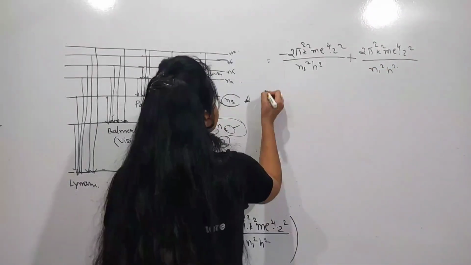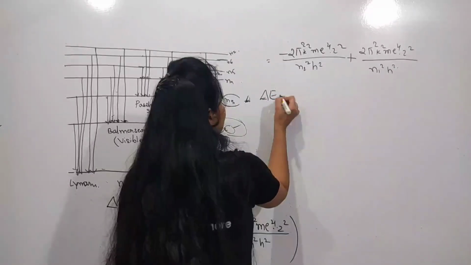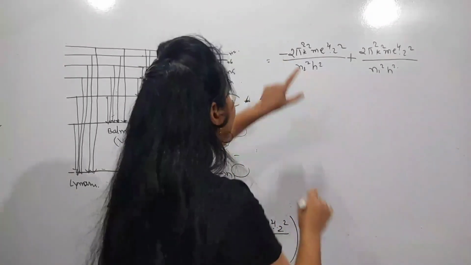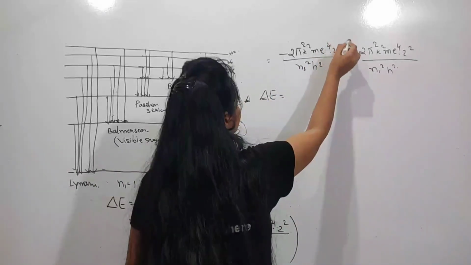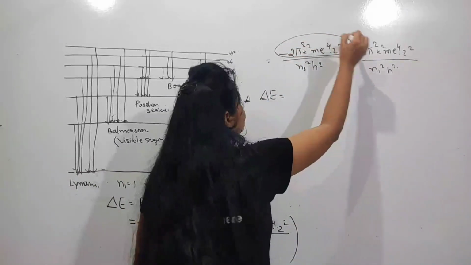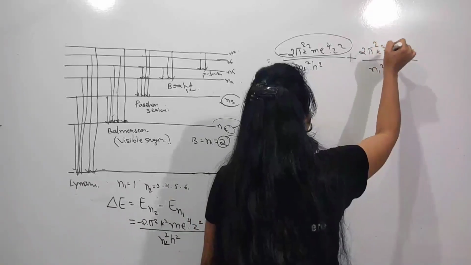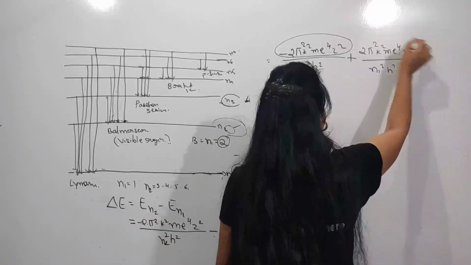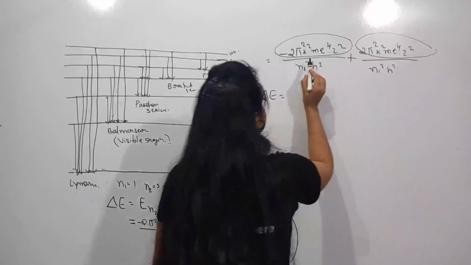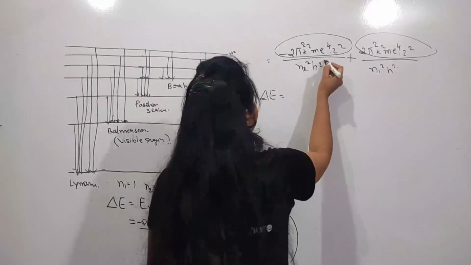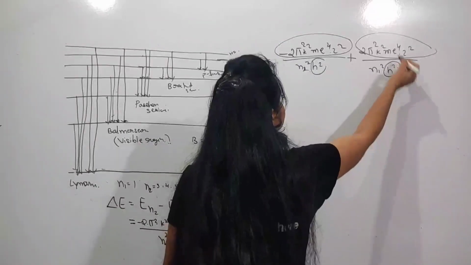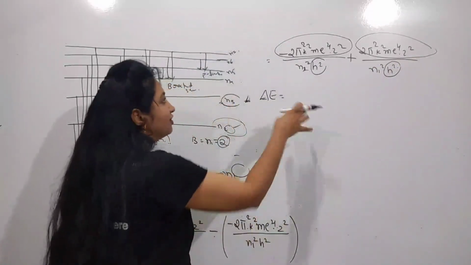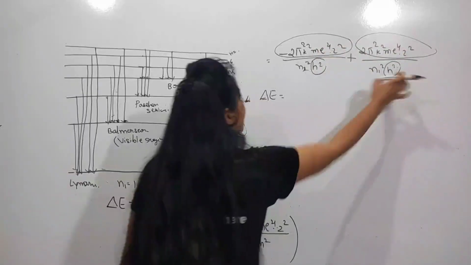Then just observe here, delta E is equal to 2 pi square k square m e raised to 4 and z square. Here also we are having 2 pi square k square m e raised to 4 into z square, and in the denominator h square, and here also we are having h square. Then I wish to take this term as common.